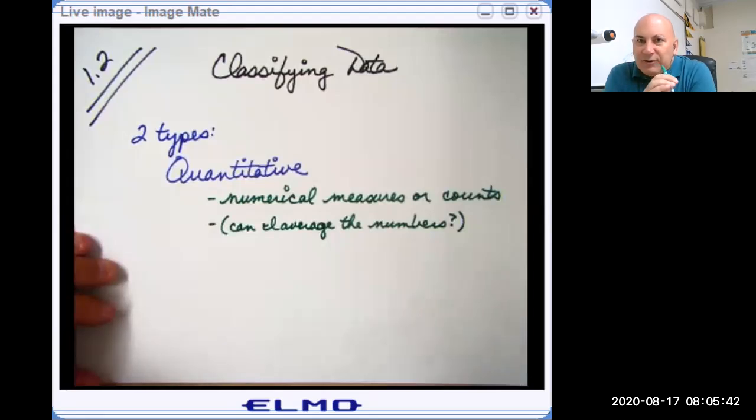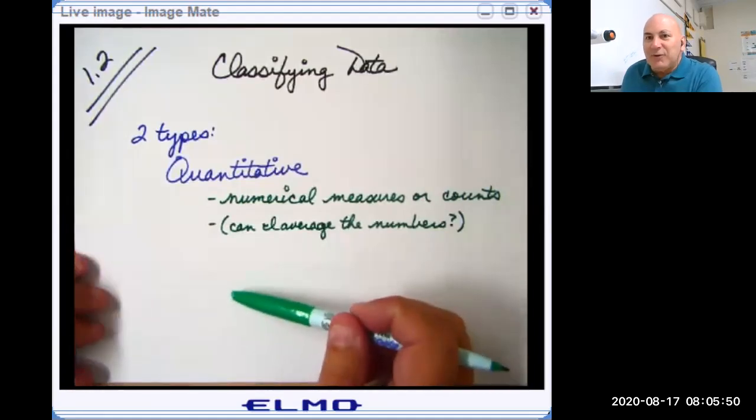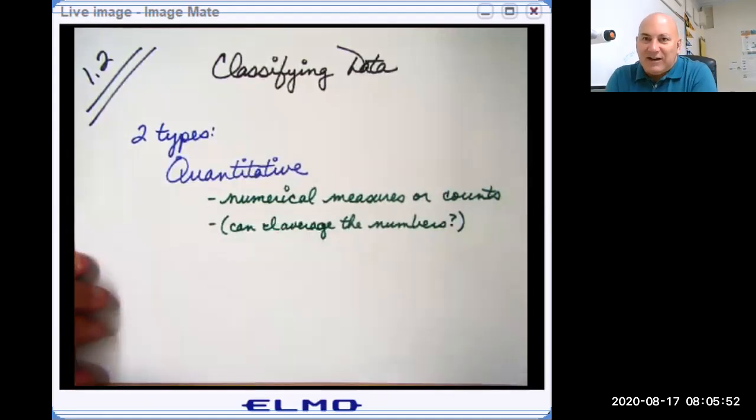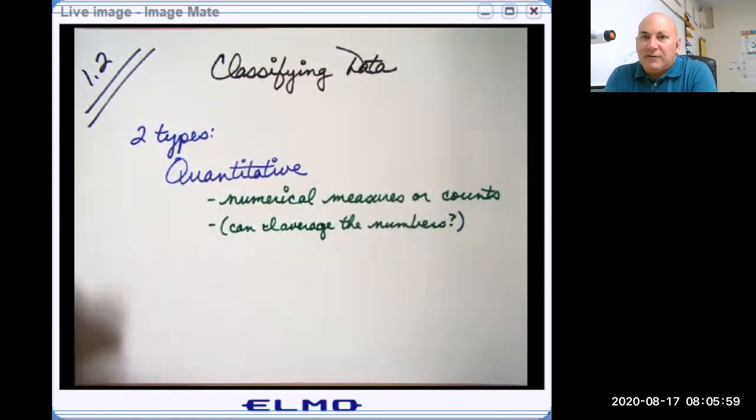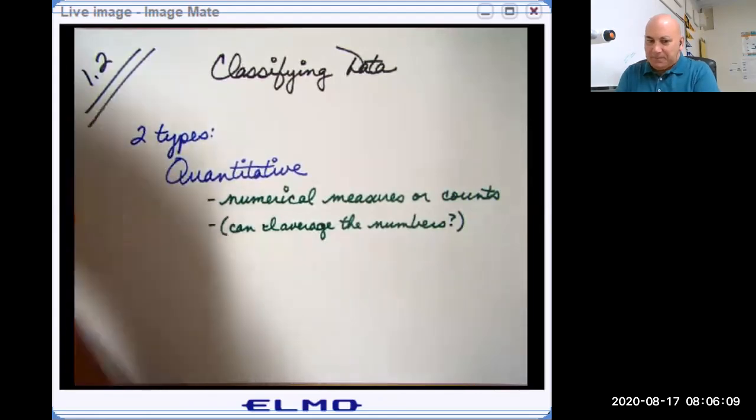If you average two phone numbers or two social security numbers, does that mean anything? So those are examples of numbers that are not quantitative data. Obviously, with the height of all the girls in your fifth period class, it makes sense to average those and you get a number that means something. So that would be quantitative data.